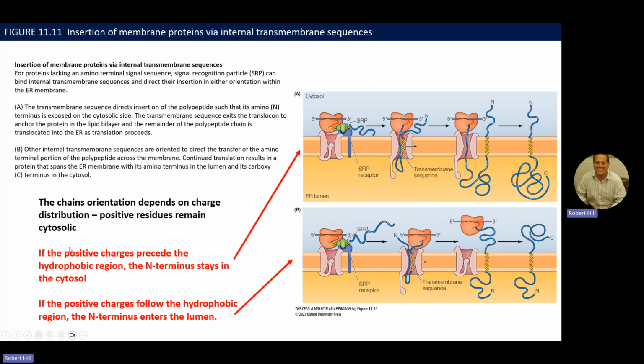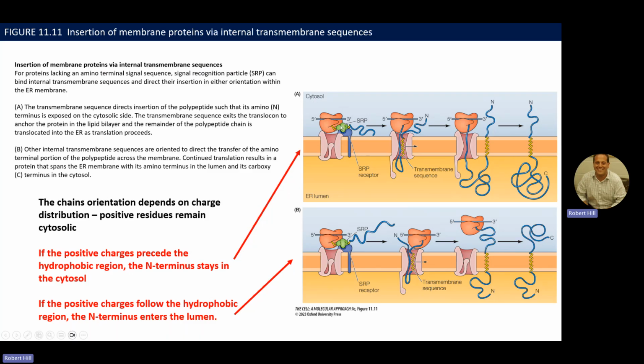The thing that's different is in this scenario, you have positively charged amino acids that precede the hydrophobic region. And in this example down here, you have positively charged amino acids that come after the hydrophobic region. When I say before and after, I mean N term to C term. Let's look at this more closely.